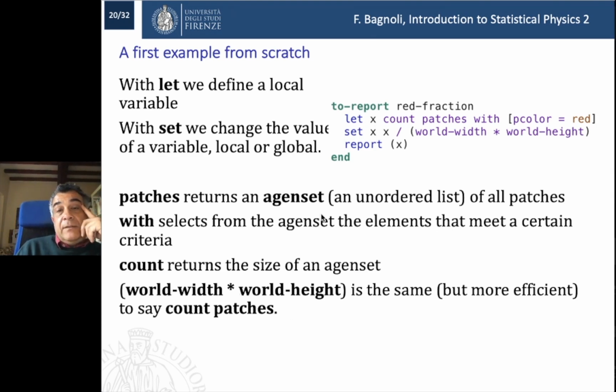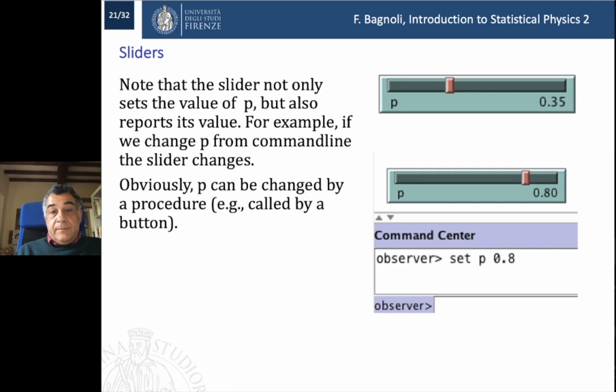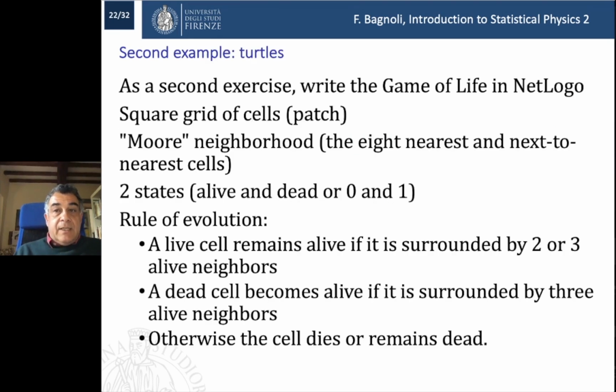And then essentially the whole philosophy of NetLogo is based on working with lists, ordered lists or unordered lists called agent sets, and which can be manipulated. And sliders are actually simple things.